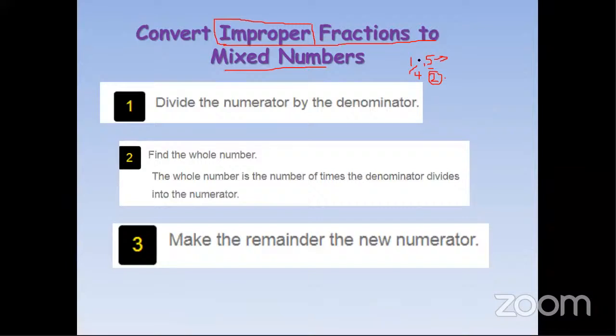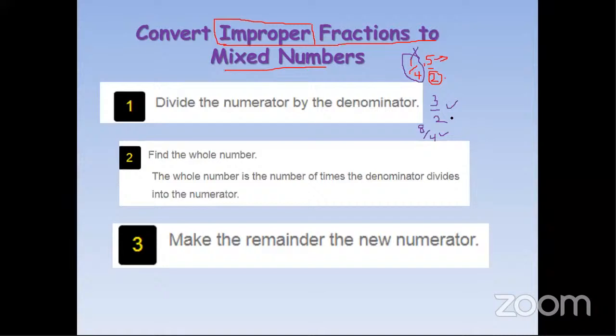When you have 3 out of 2, this one is improper, correct? 8 out of 4. When you have 8 out of 4, this one is called an improper fraction, which is correct. So we need to see how we can convert.